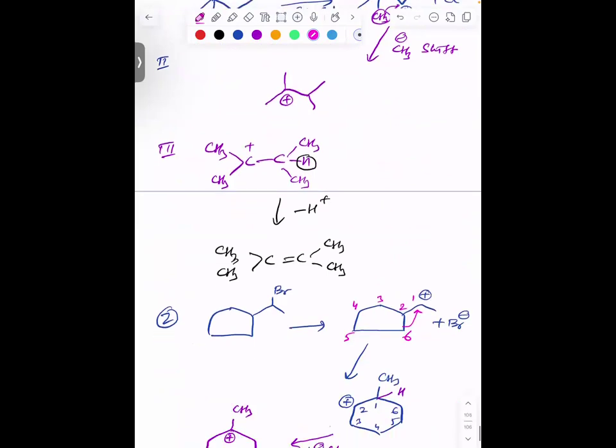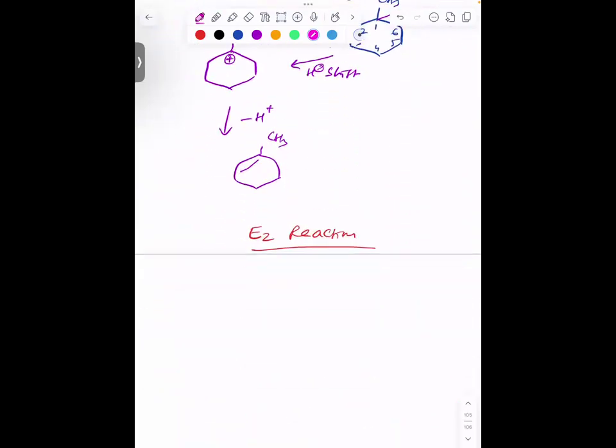Now we will see that in E2 the order of reaction will be 2. First, just as we compared SN1 and E1, we can also compare E2 and SN2.